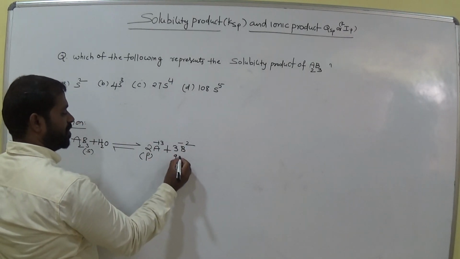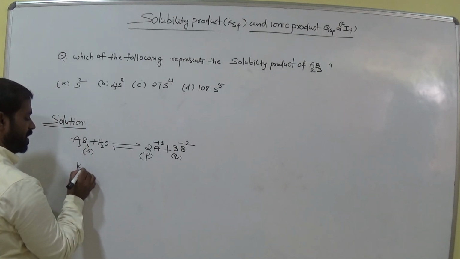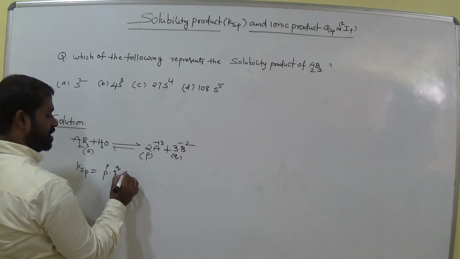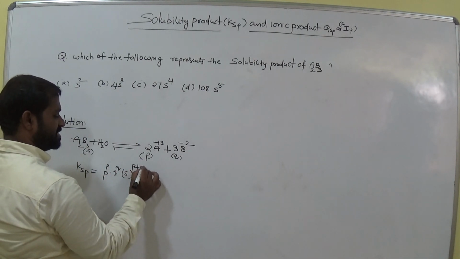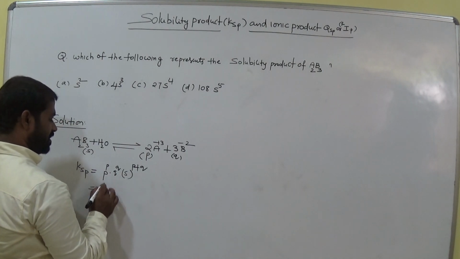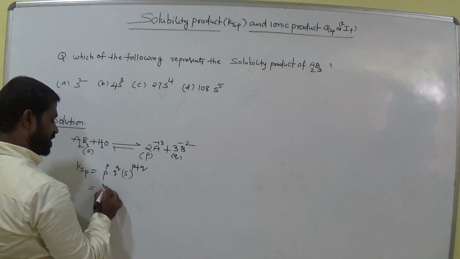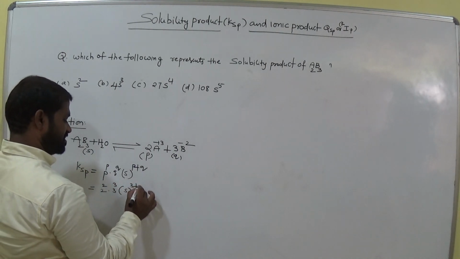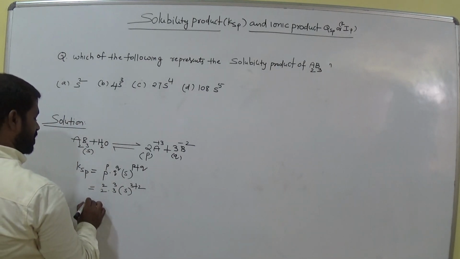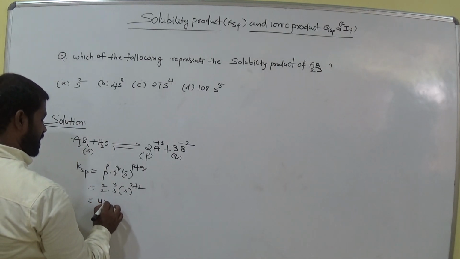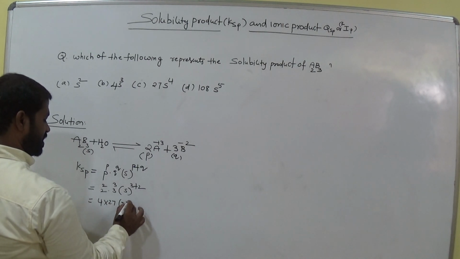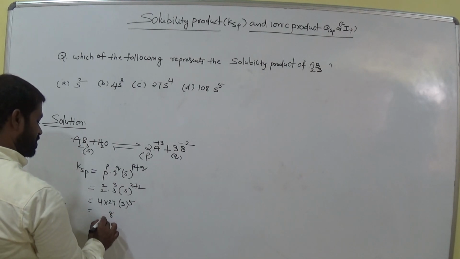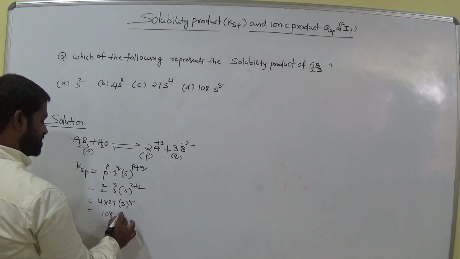Now what is the value of P? 2. What is the value of Q? 3. Now KSP, how much? P power P, Q power Q, S whole power P plus Q. P value is 2 here. 2 power 2, 3 power 3, S whole power 3 plus 2. 2 squared is 4, and 27, S whole power 5. 108 S whole power 5.